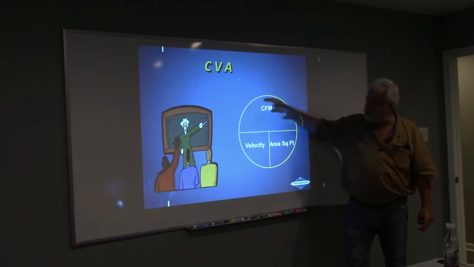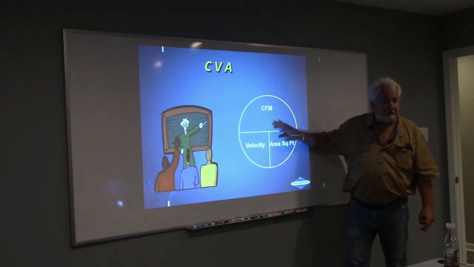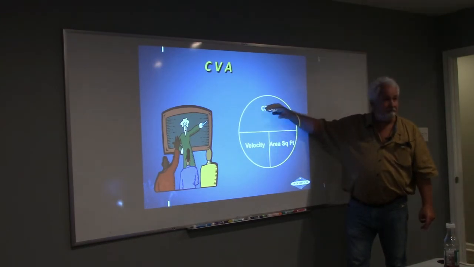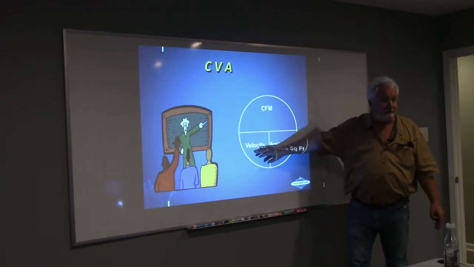So you're understanding that with this CVA, I can find out the velocity, the area, or the CFM. If I know the velocity and the area, velocity times area gives me CFM. How cool is that? CFM divided by the area gives me the speed.